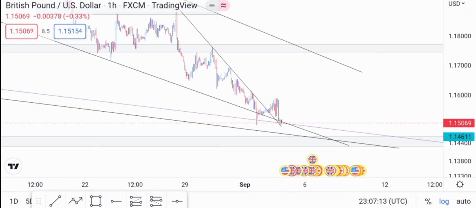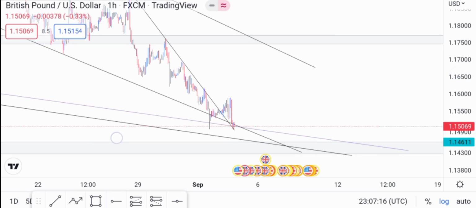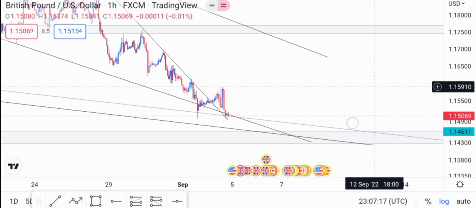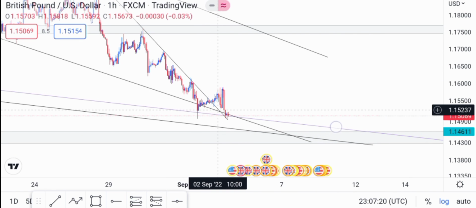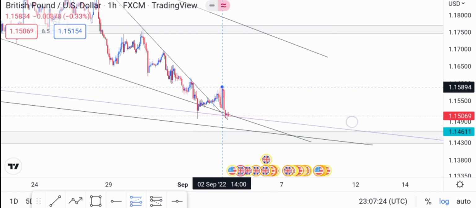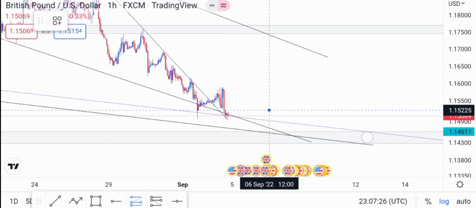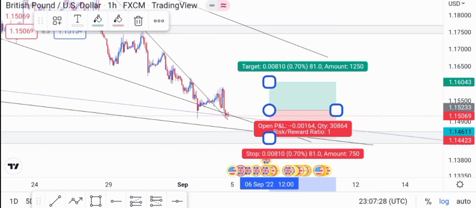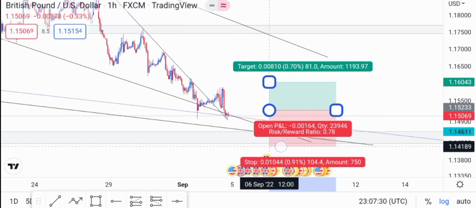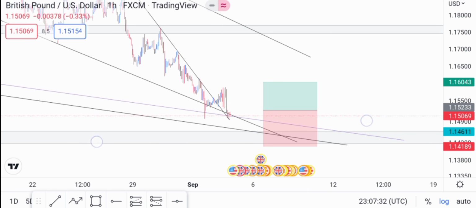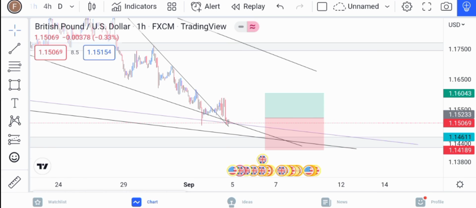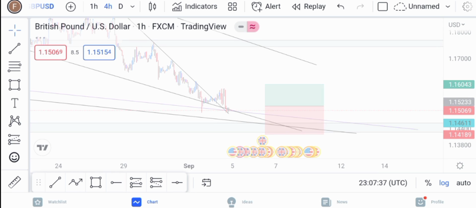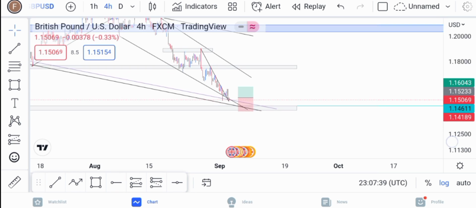So as you can see, this is what you have. So there's a bit of rejection happening right over here again. So to be on the safer side, you're going to enter around this area right over here on the time frame, and this will be our stop loss. And let us go back to the 4 hour time frame so that we can adjust our take profits.